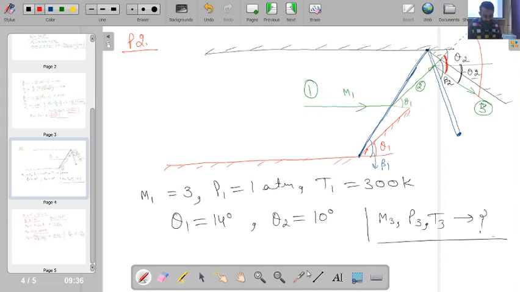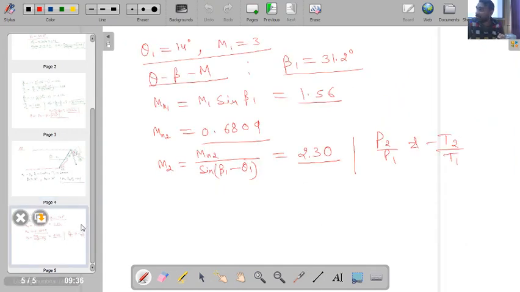Are you able to understand this point, or do I repeat it? You have to consider the angle between the two streamlines. The angle with the horizontal surface is theta 2, but between the two streamlines it is theta 1 plus theta 2. So the deflection angle is always between the two streamlines.